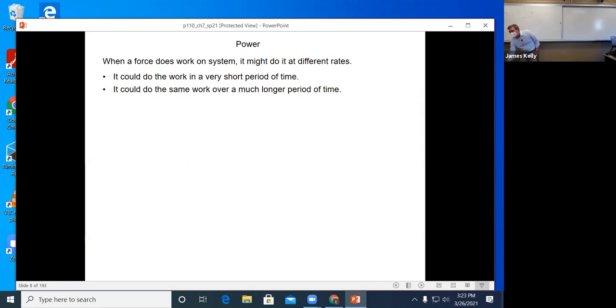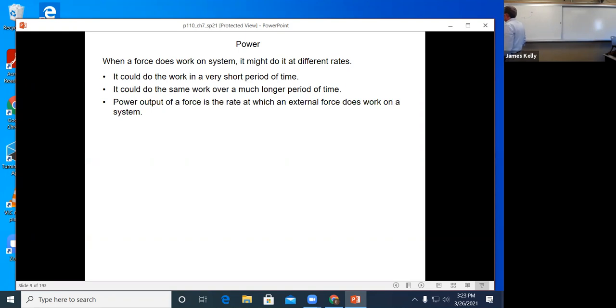Maybe again, I'm lifting it at a constant rate, but I'm lifting it really fast. I'm doing the same amount of work as it moves up 1 meter, assuming I'm moving it at a constant rate, because my hand is exerting the same force. The acceleration is still 0, so my hand force balances out the weight force, and I'm moving it 1 meter. So in that 1 meter of motion, I'm doing the same work, but it takes less time. So the rate at which I'm doing work, that's what power is referring to, is different in this case.